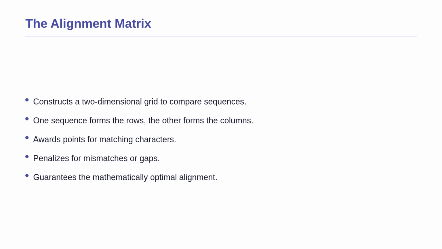The algorithm systematically fills in this matrix by solving smaller subproblems. It relies on a scoring system that awards points for matching characters and penalizes for mismatches or gaps. By storing the optimal score at each cell, the algorithm avoids redundant calculations and guarantees that the final path traced through the matrix represents the absolute best possible alignment.